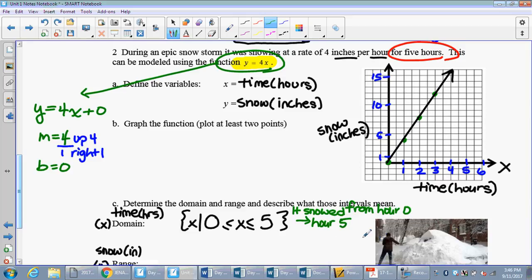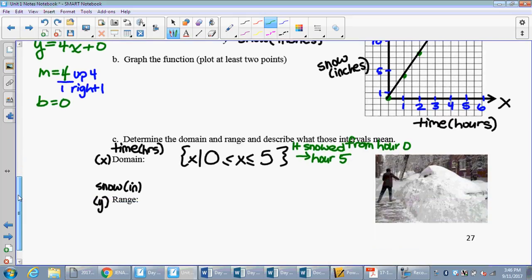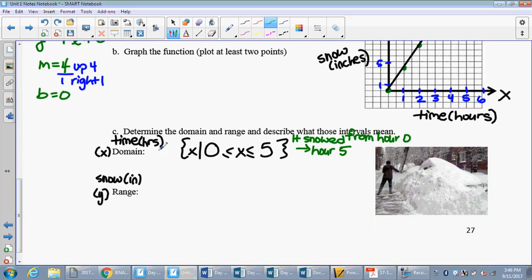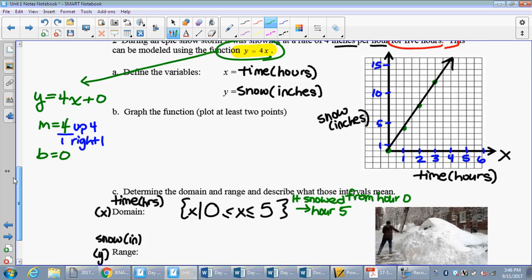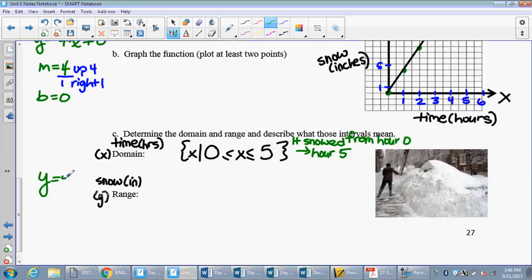And then for the range, I'm given the domain. So remember, this is my smallest x and my largest x. I'm looking to find the y values. I have this awesome model I was given, y equals 4x.